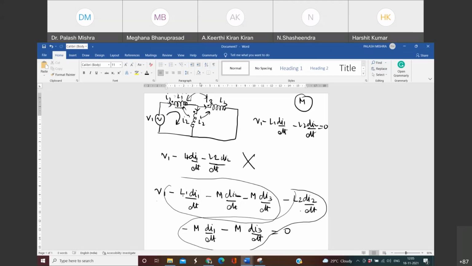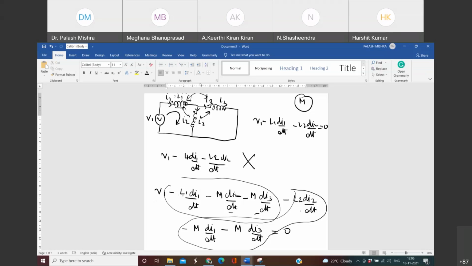That is where these two extra terms are coming, M times di2 by dt and M times di3 by dt. Their sign will be the same as the self-inductance sign, because the current is entering the dots simultaneously. Same thing happens with the second coil also.